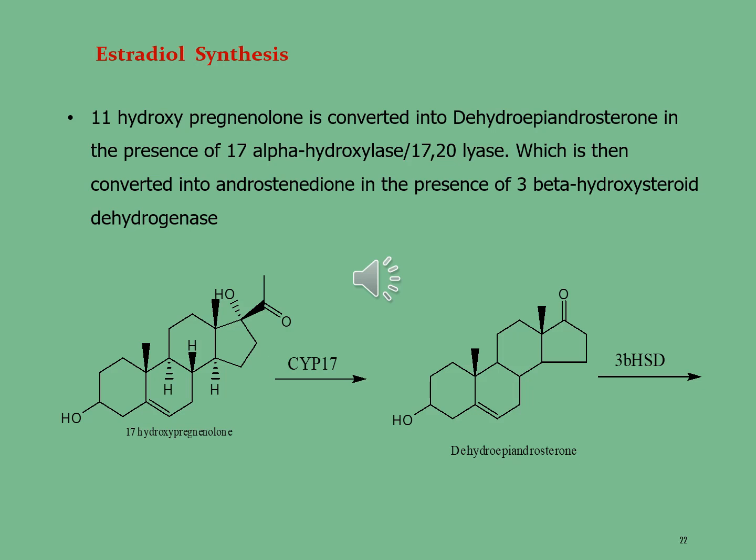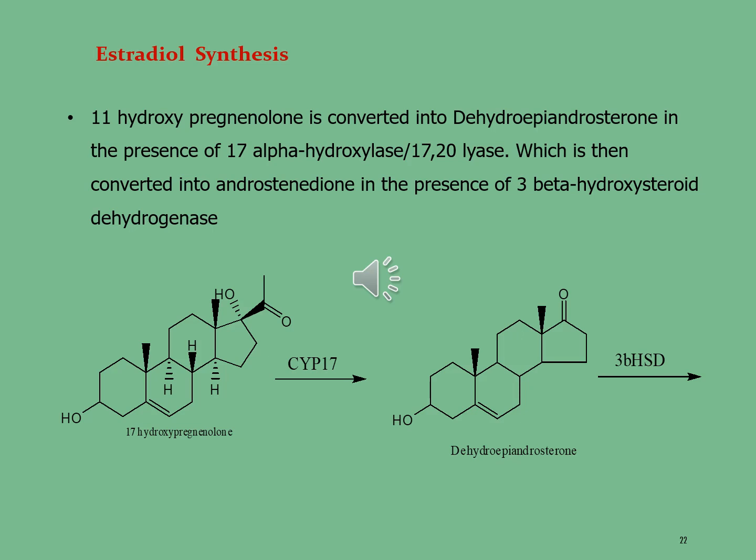So you can see over here in this reaction, the first structure is 17-hydroxypregnenolone, which has a hydroxyl group at carbon 3 position, an acetyl group at carbon 17 position, and a hydroxyl group as alpha also present at carbon 17 position. In addition, there is a presence of a double bond at carbon 5 position.